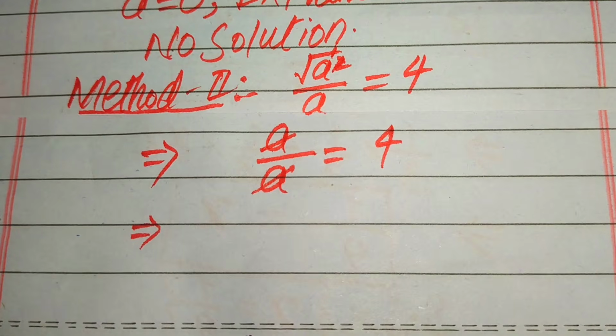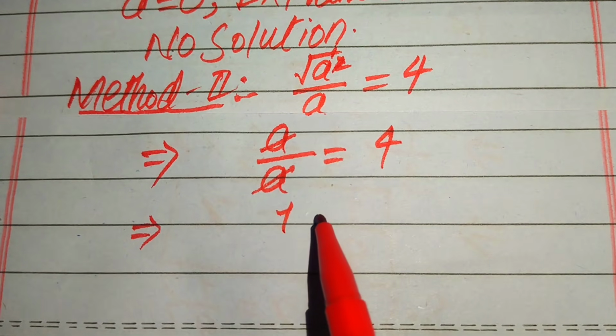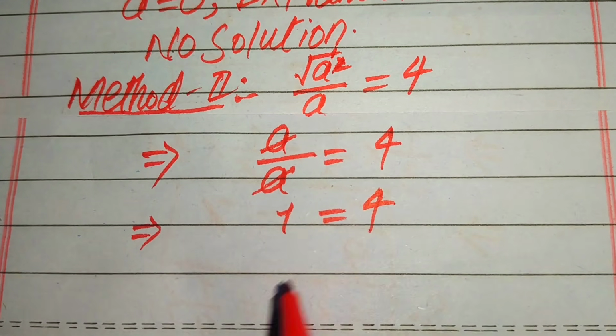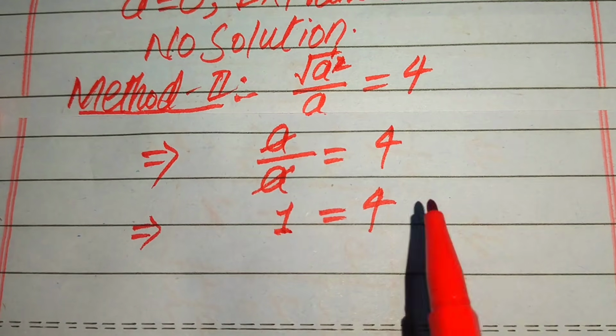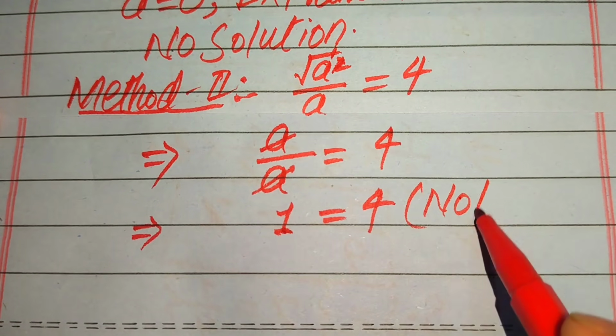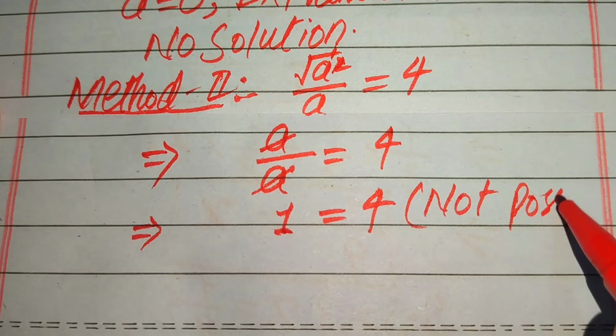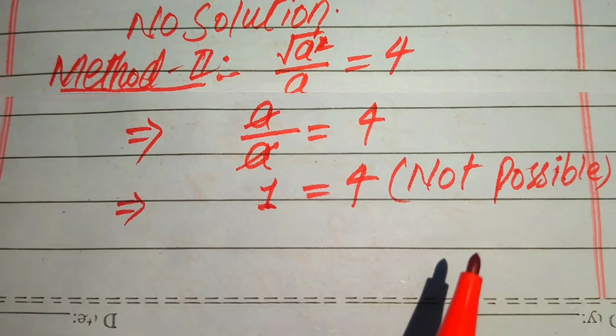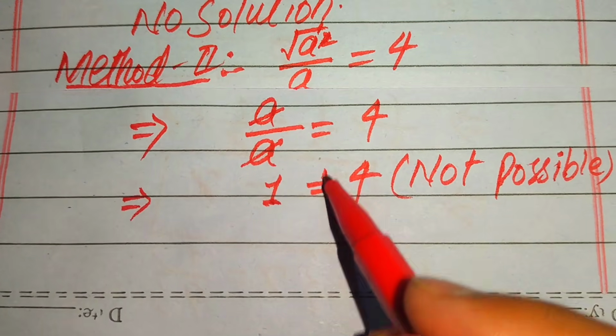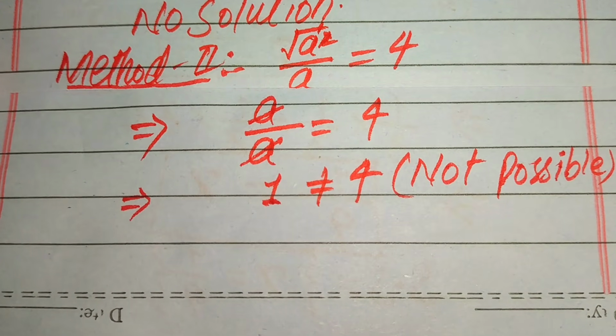They cancel each other, and we get 1 only, and this is equal to 4. You see that 1 equal to 4 is not a possible case. It is not possible that positive 1 is equal to 4 because these two values are not equal.